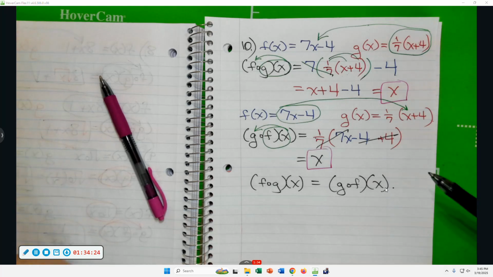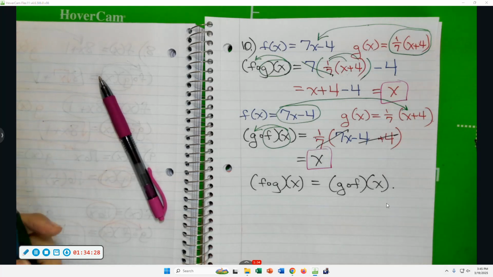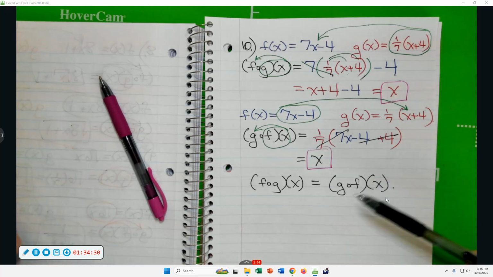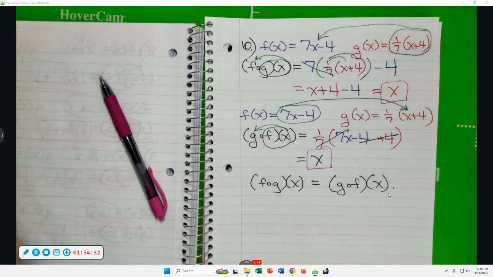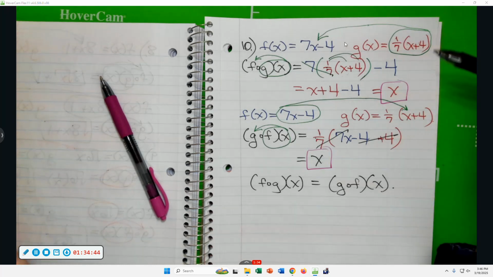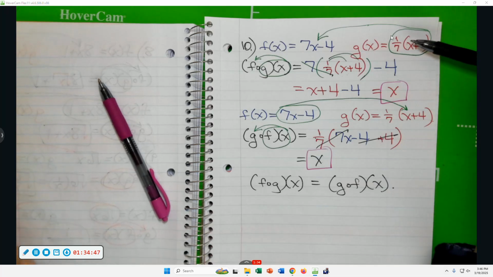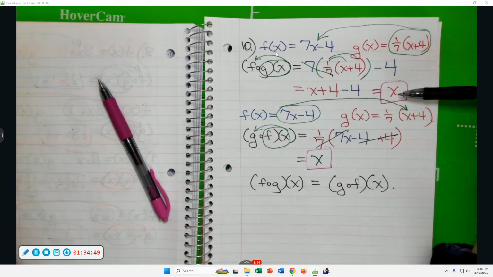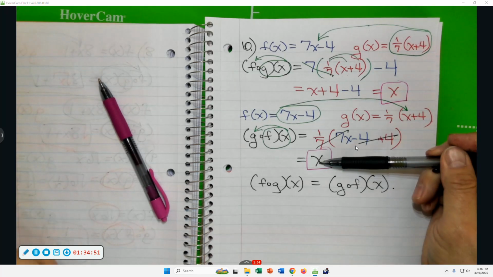Here on problem number 10, they're trying to prepare you for the next assignment. We have zeros coming up, and then after zeros are polynomials, we have inverse functions. Inverse functions are functions whose compositions always reduce to x.